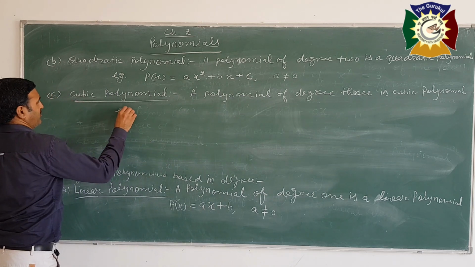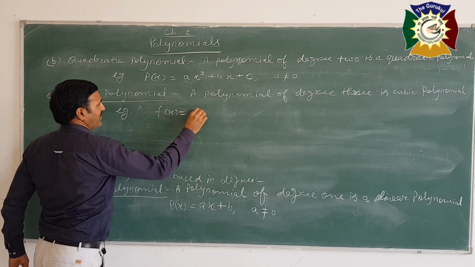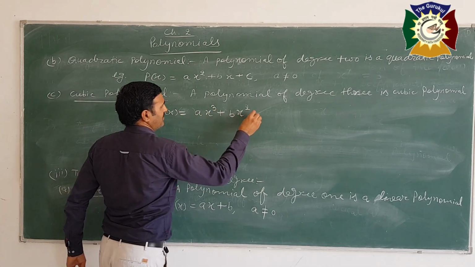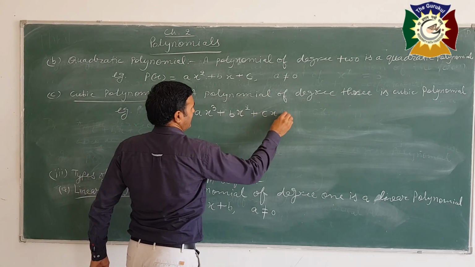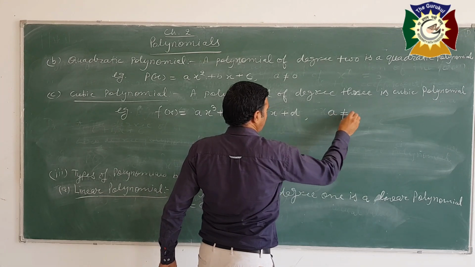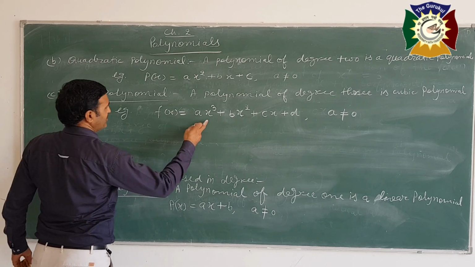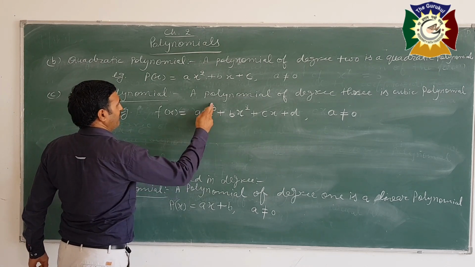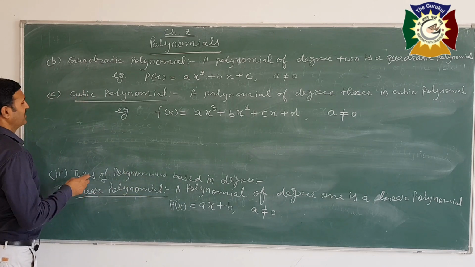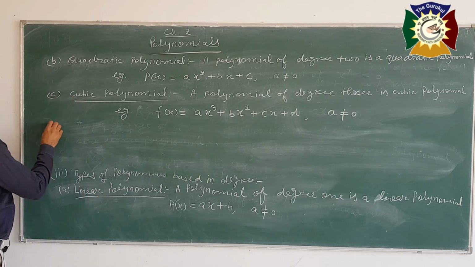And general polynomial of degree 3 is ax cube plus bx square plus cx plus d. A should not be 0 for the degree 3, because the power of this term is 3 and this is the highest power. So, this is the highest power term and the degree of this polynomial is 3.